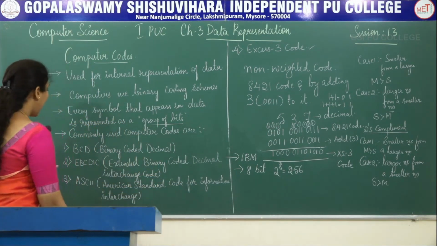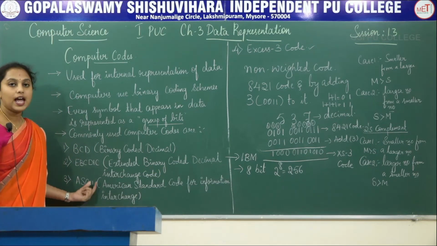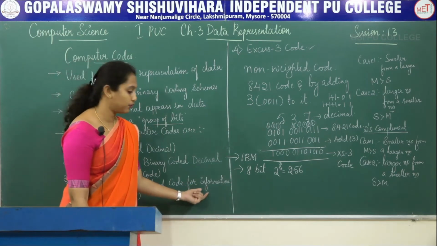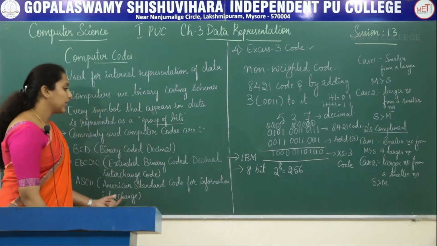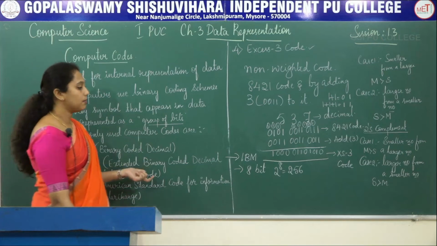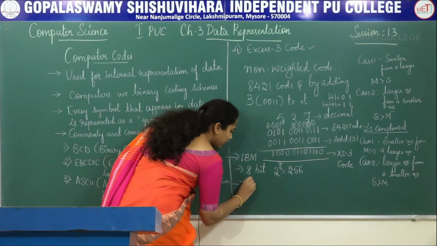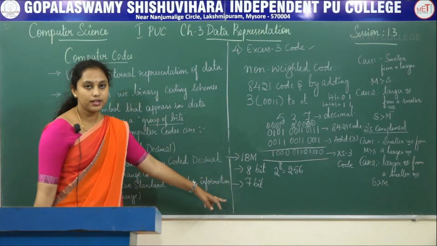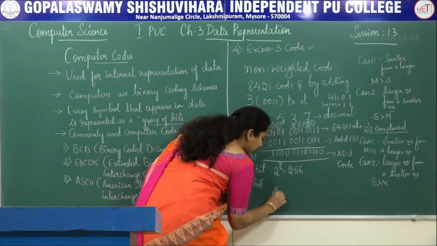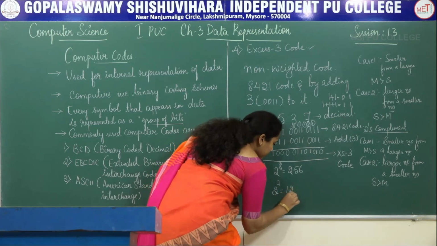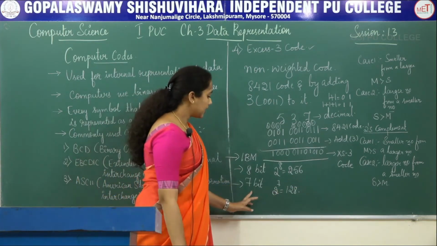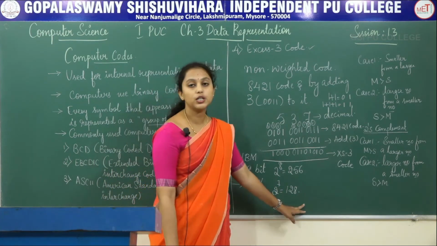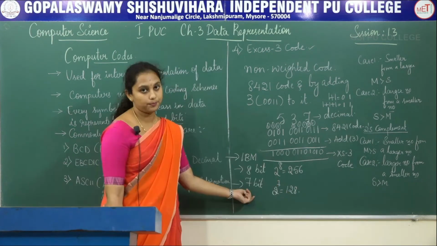And next is ASCII. What is ASCII? ASCII stands for American Standard Code for Information Interchange. It is a 7-bit code. Using these 7 bits, we can represent 2 power 7, that is 128 characters.